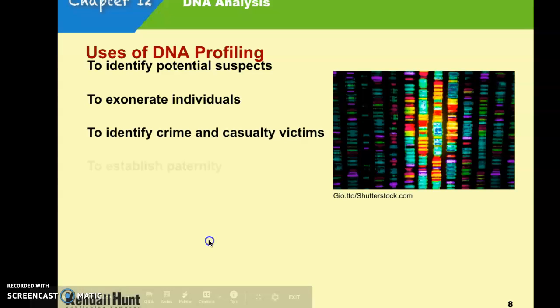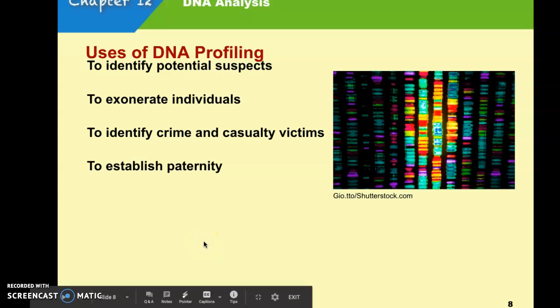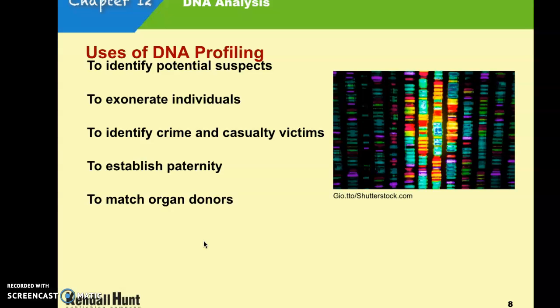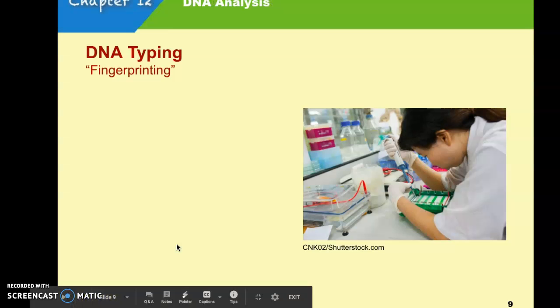It is also used to identify crime and casualty victims. If they are not physically able to be identified, you can use their DNA. It's also used in paternity testing to see who is the dad. We use it now to match organ donors. Besides just blood type in common, the more genes you have in common on the organs you are donating, the less likely it is that you will reject the organ.